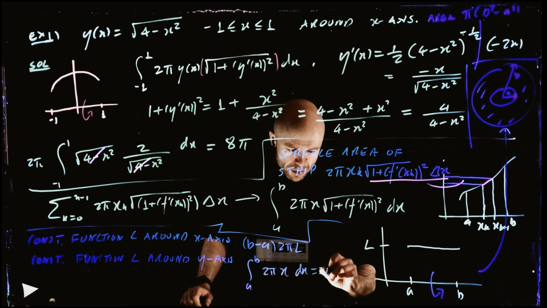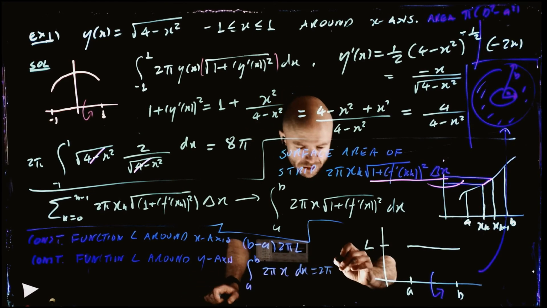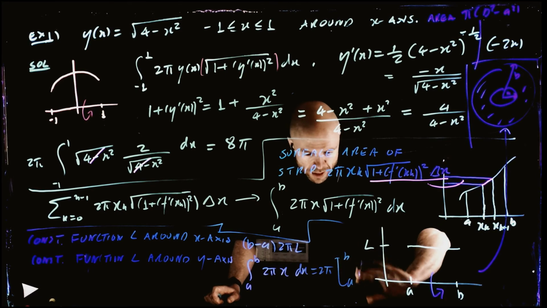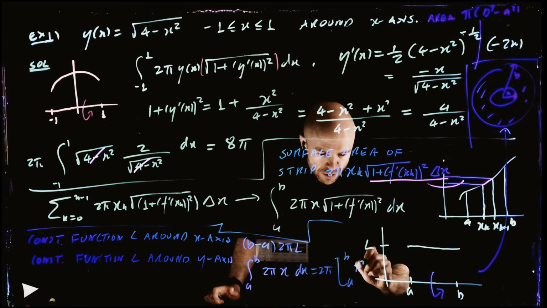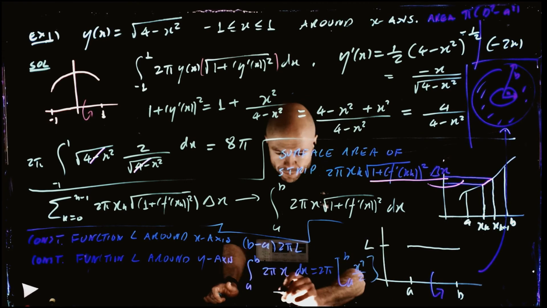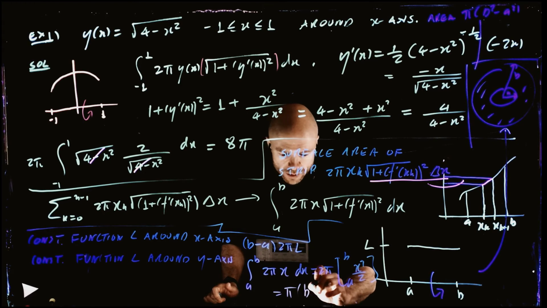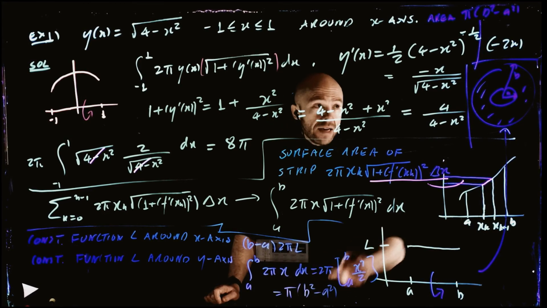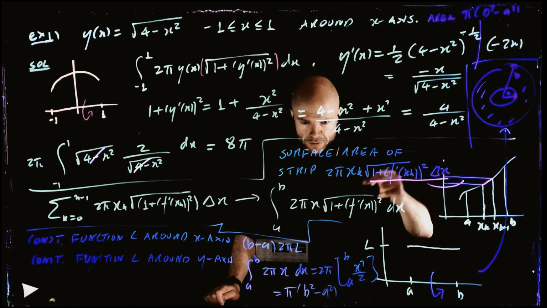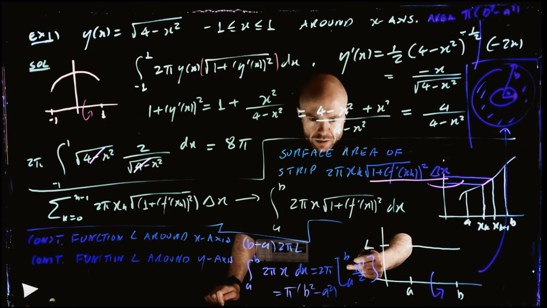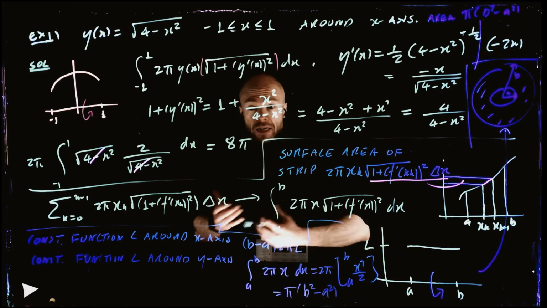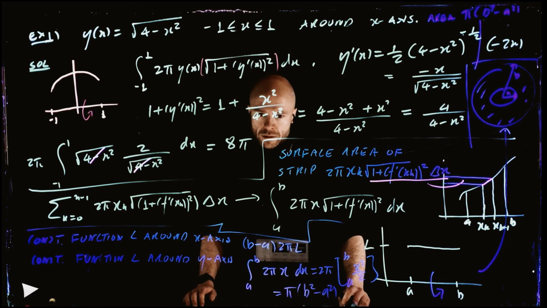We pull out the 2 pi and integrate x, giving x squared over 2 from a to b. And indeed, it gives us exactly what we want: pi times b squared minus a squared. So this formula gives us what we expect. And it's a completely different answer because it's calculating a completely different thing.